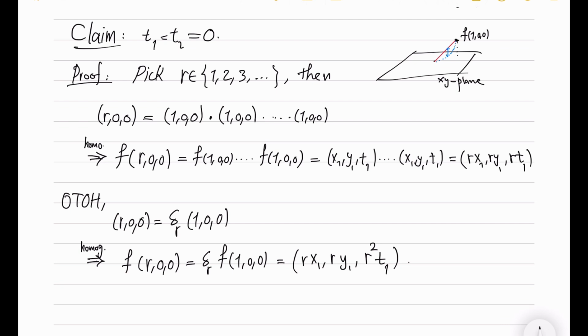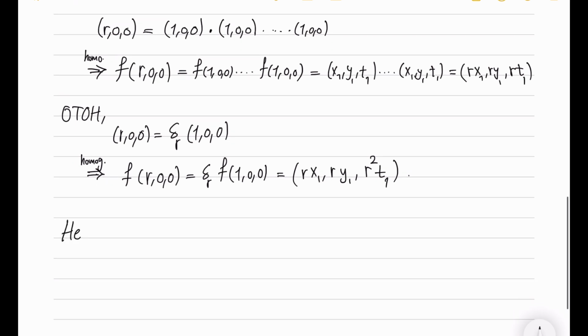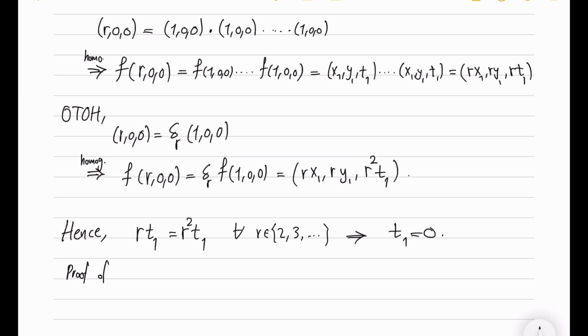So because my function f is simultaneously a homomorphism and homogeneous, this forces the third components to be equal. So r t1 should be equal to r squared t1 for every r in the natural numbers. And this forces t1 to be 0. The proof of t2 equal to 0 is the same.